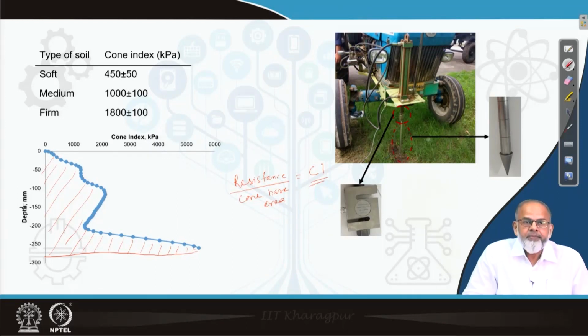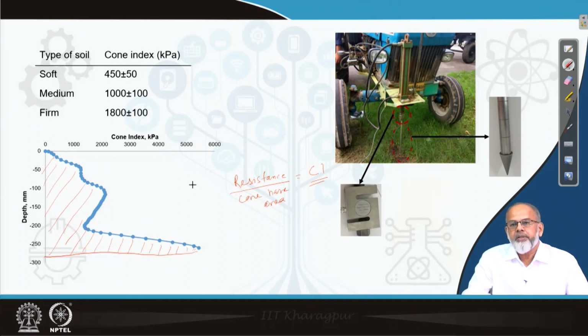Then firm soil is 1800 kilopascal plus or minus 100 kilopascal. So based on this cone index, we classify the soil.